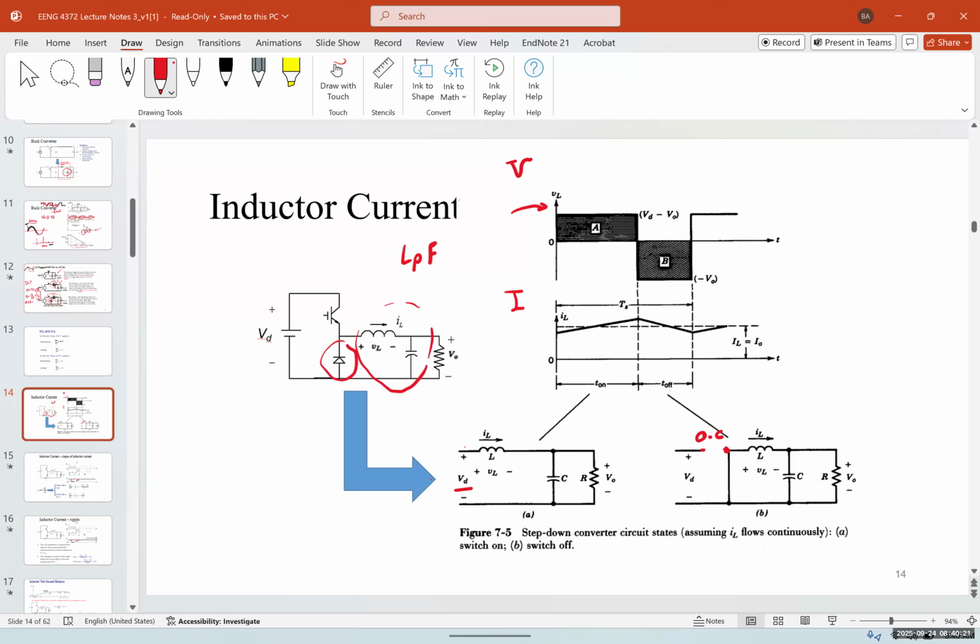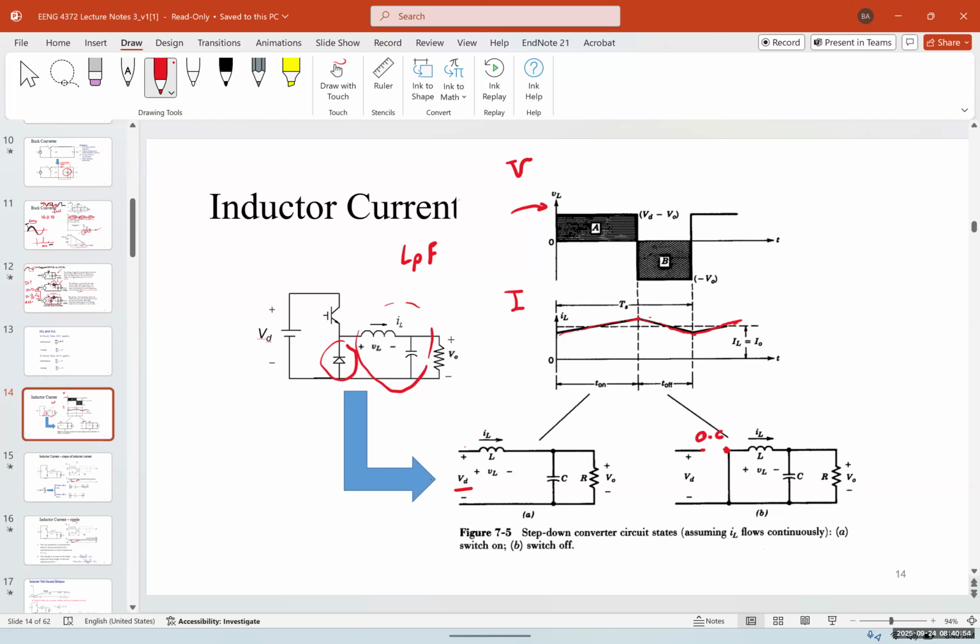Now, the important part that we want to study here is the inductor's current. When the switch is closed, the current slowly increases. When the switch is opened, this current starts to decrease, but you can see that it doesn't drop to 0 because it's storing the current and you have a little bit of current stored in the system.